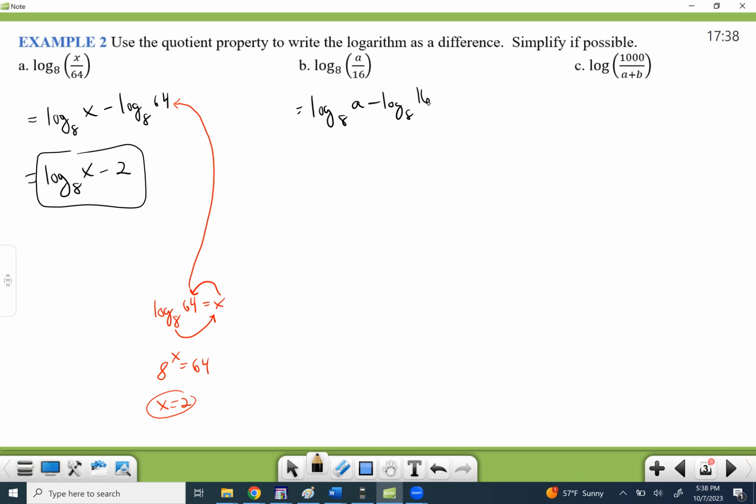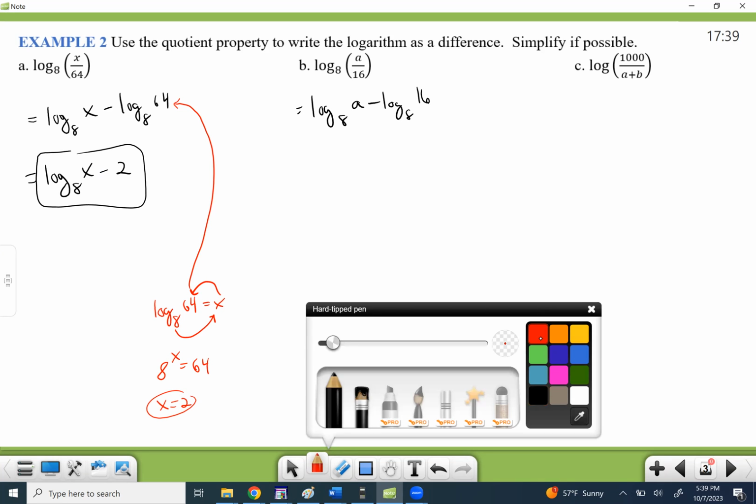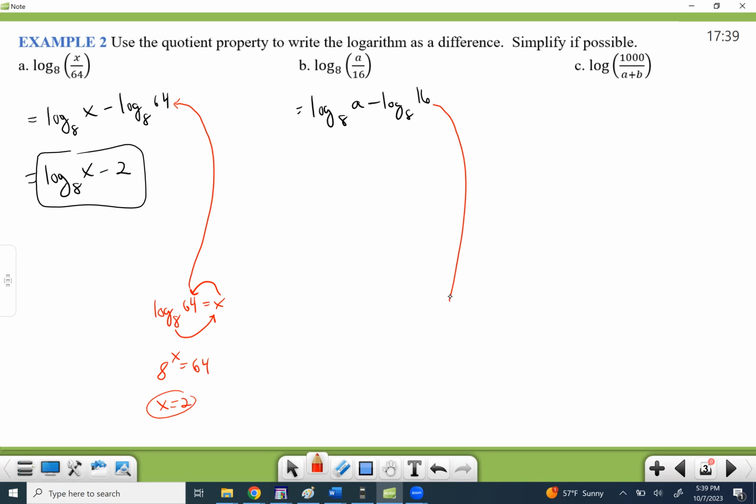Now this one's just here to fool you. It's checking to see if you will write a 2 for that last number, because people will see the 8 and the 16 and they'll think they should put 2. But if we go in and inspect that log base 8 of 16, we add our equals x. 8 to what power equals 16?